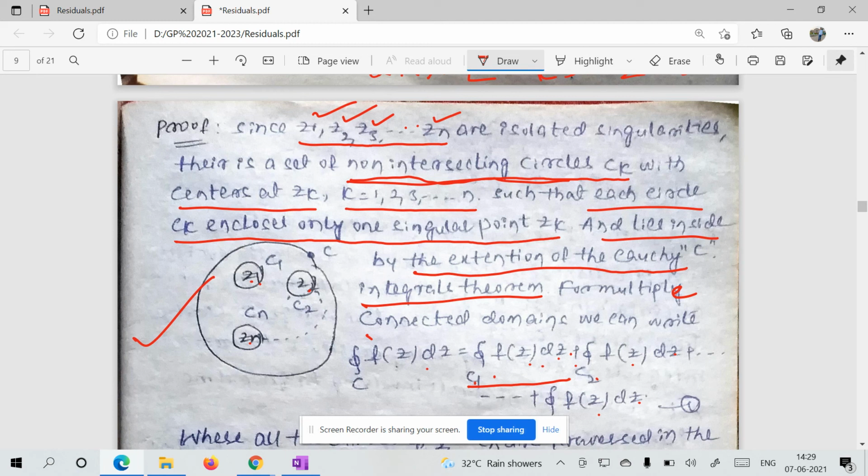Each circle encloses only one singular point: circle C1 has only the singular point z1, and C2 has only z2. Except z1 there is no other singular point in C1. And it lies inside C, by the extension of the Cauchy integral theorem.